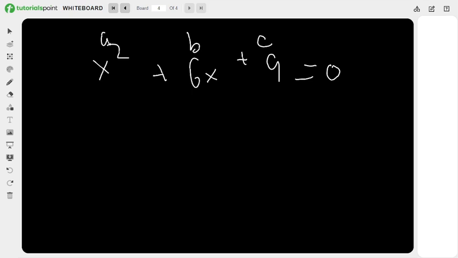So a is equal to 1, the coefficient is 1, so we're going to use the same method I've been using. We're going to see what two numbers add to b, or 6, and we're going to see what two numbers multiply to 9. Sorry, this does not look like a plus sign.